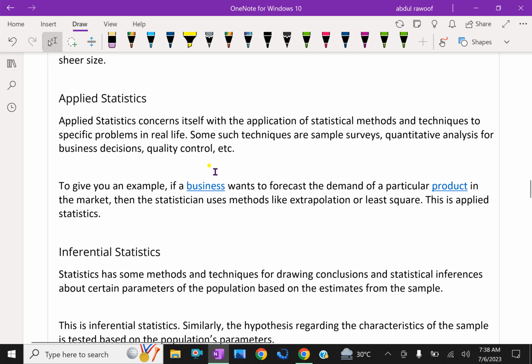Applied statistics concerns itself with the application of statistical methods and techniques to specific problems in real life.